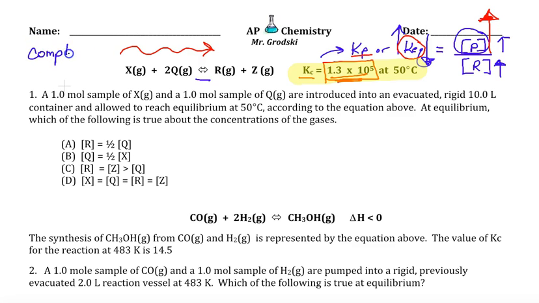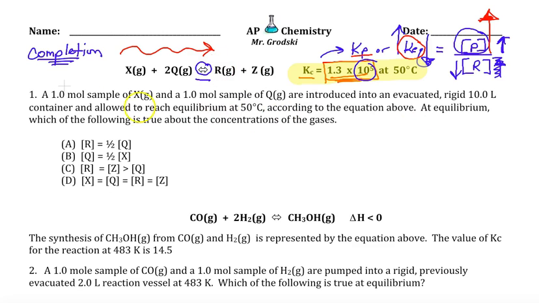If you have a very high Keq, and this is a pretty big one, that means you have a tremendous amount of products compared to reactants. This number is going up, and this value here is pretty small in comparison, to the point where you may say it's totally going to the right. Probably not. There's some reversibility, but not very much. So with that in mind, I can do this problem.